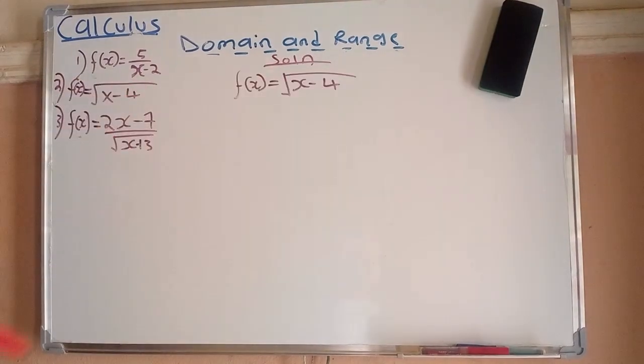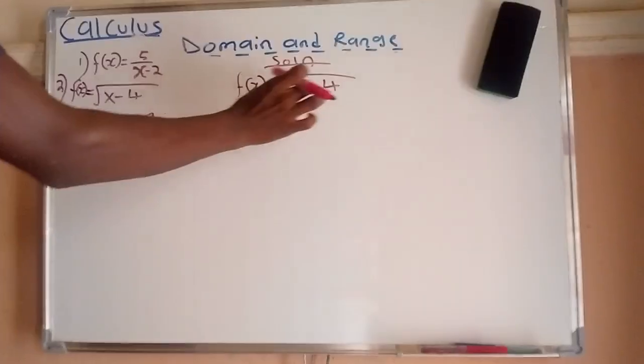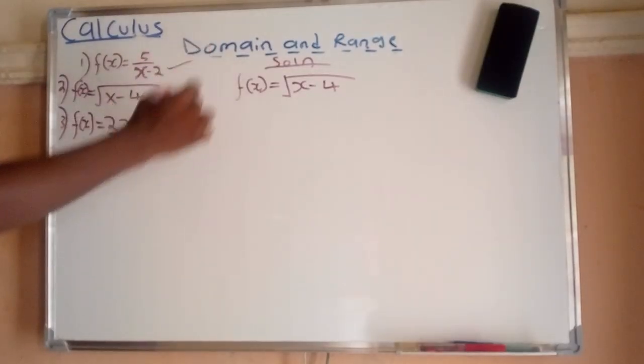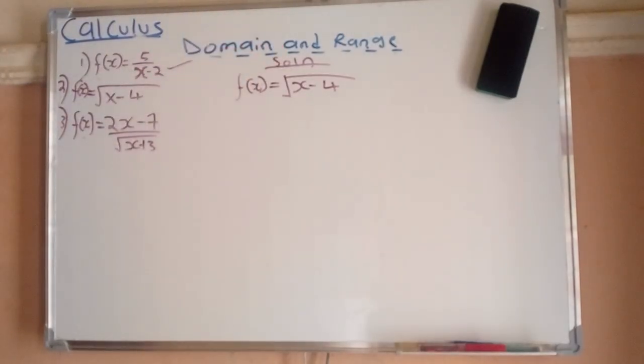The second example says f of x is equal to the square root of x minus 4. What's the domain of this function? The difference between the first and second example is that in the first we have a fraction, 5 over x minus 2, and we use the denominator to find our domain. This question is a radical form.